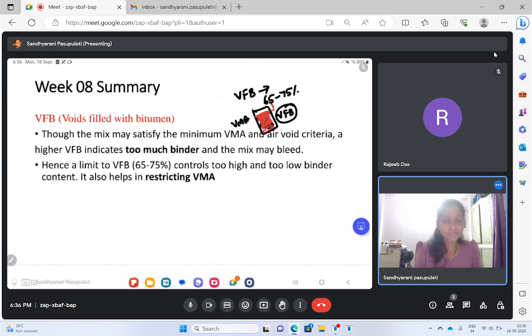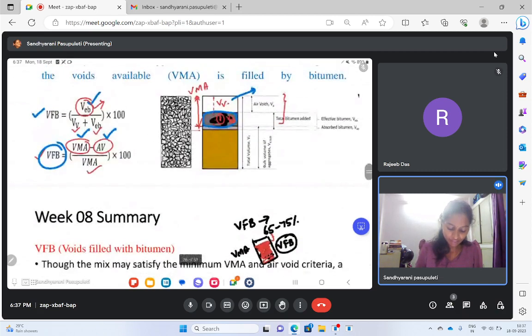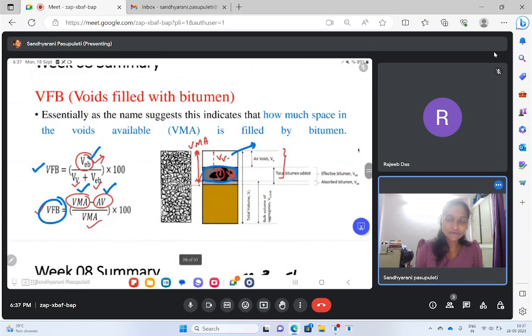We keep doing the trials, let us say we take 5 trial gradations and we do the mix design. In this mix design, first we confirm the 4% air voids. When the 4% air voids is confirmed, we go for another check whether that is satisfying the VMA minimum or not. If it is also satisfying the VMA minimum, then based on the air voids and VMA, we can calculate the voids filled with bitumen.